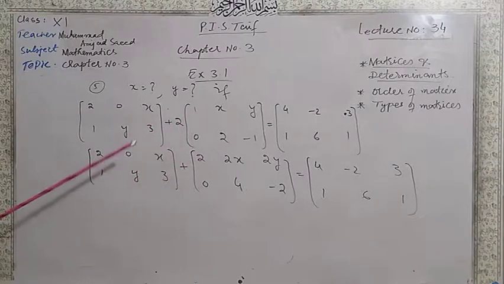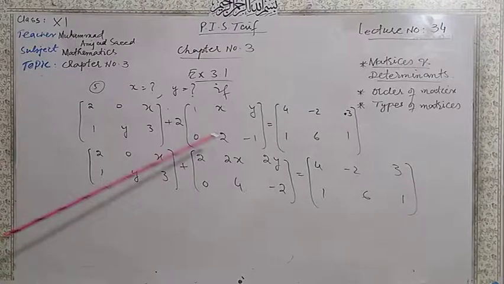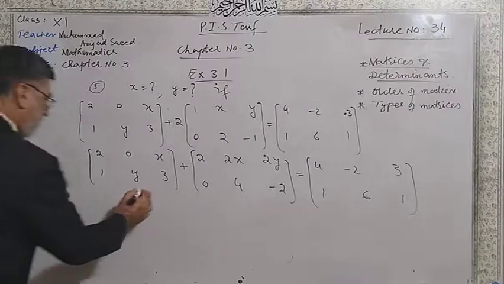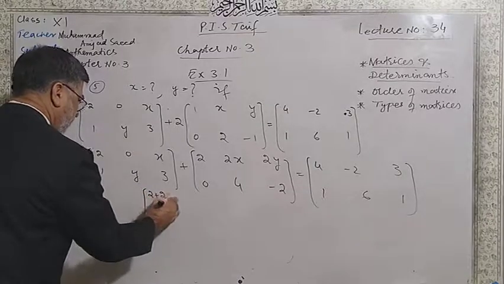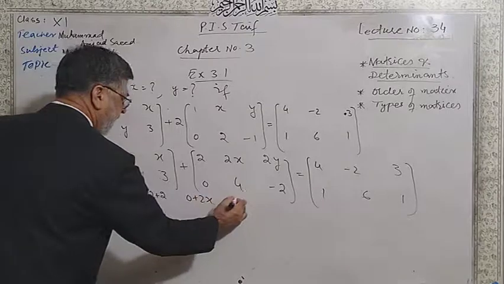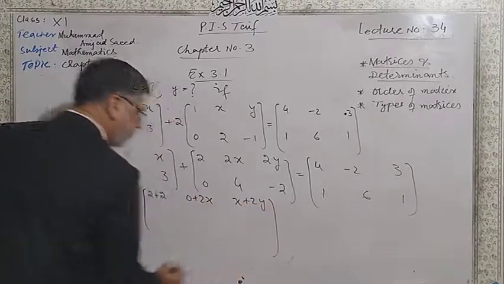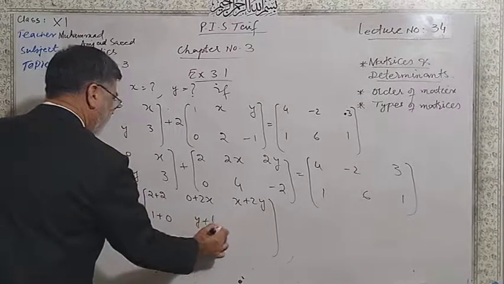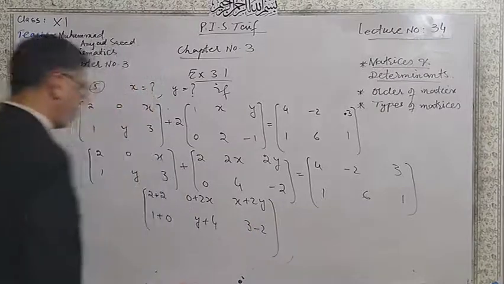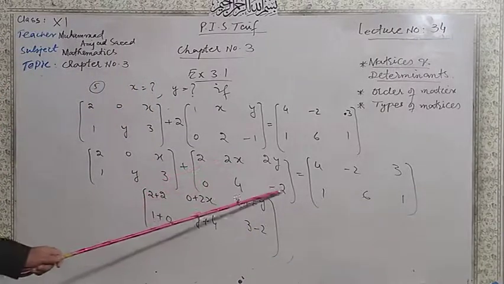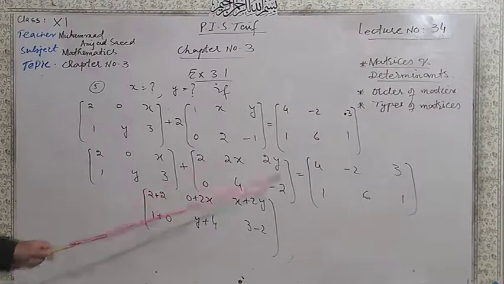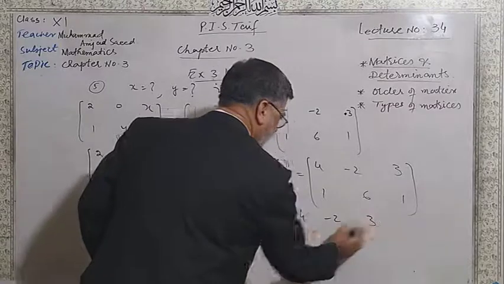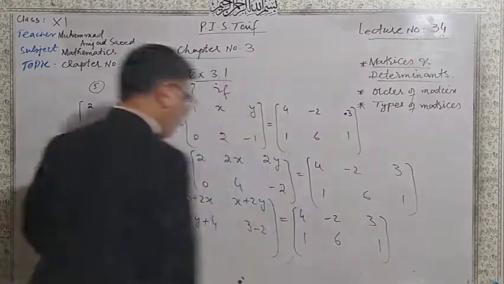Now, left hand side: first plus first, second plus second, third plus third, fourth plus fourth, fifth plus fifth, and sixth plus sixth. That is equal to 4 minus 2 and 3, 1, 6 and 1.